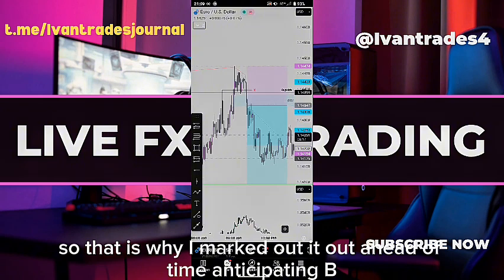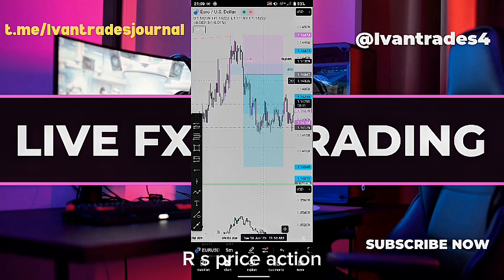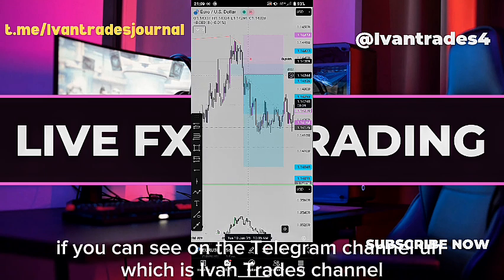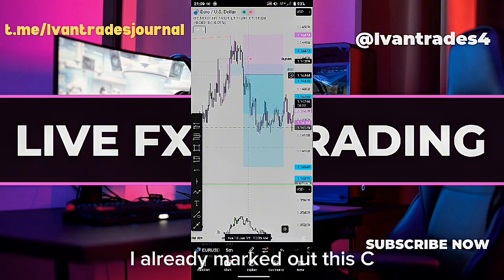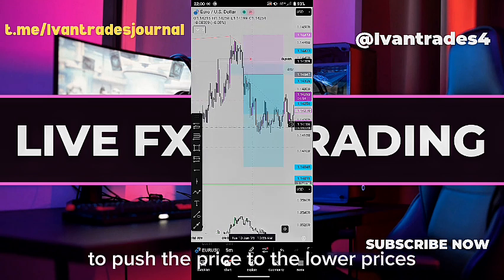That is why I marked it out ahead of time. If you look at the Telegram channel, which is Ivan Trades channel, I already marked out this CB and anticipated it to be used as a resistance to push the price to lower prices.